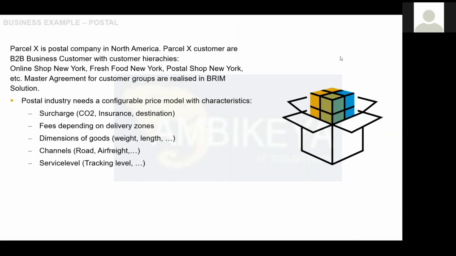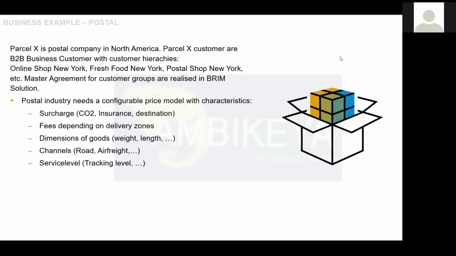I have here a use case in the training. We have, for example, the postal industry, which uses BRIM since a long time. We have, for example, a parcel company in North America, and the customers are B2B customers.